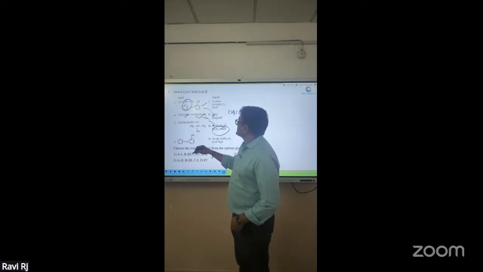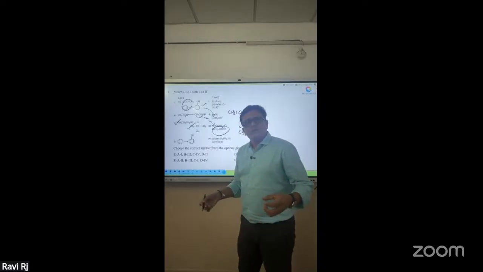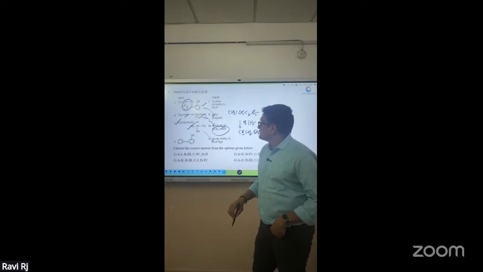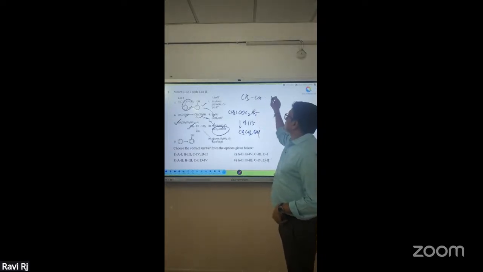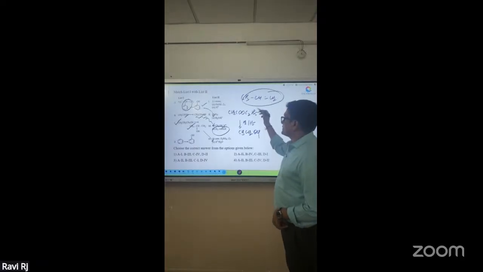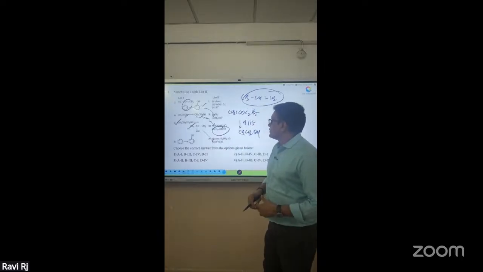So you can see that it is matching with esterification. Then the next one is 1-propanol converting into 2-propanol. You first do the dehydration. When you do the dehydration, you get the alkene, and when water is added in the presence of H plus, you get the secondary alcohol. So you can see that C is matching with option 4.